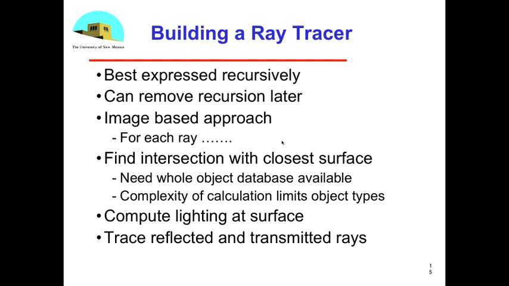And the fundamental operation we're always going to have to do is, for each ray we trace, find the closest surface it hits. So I'm going to have to intersect that ray with every object in our database, unless we try some heuristics on that, which people do a lot of, and then compute the lighting at the surface.